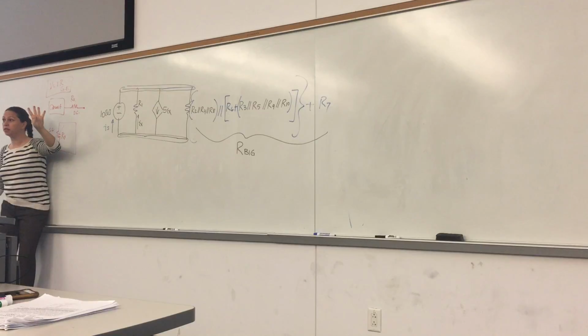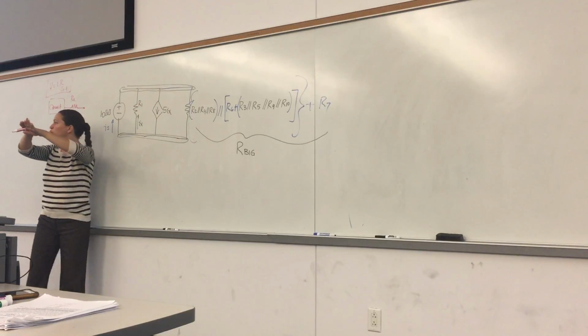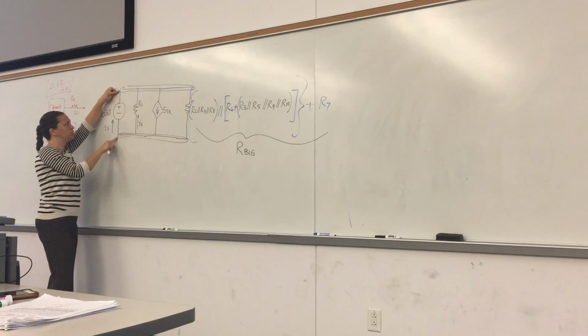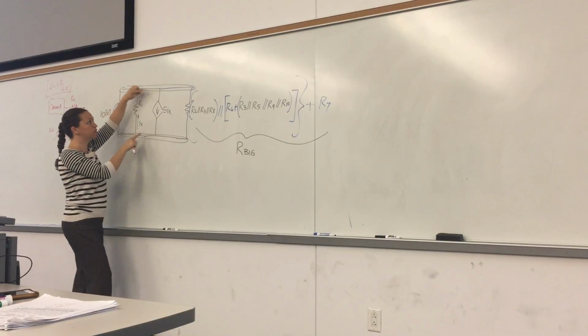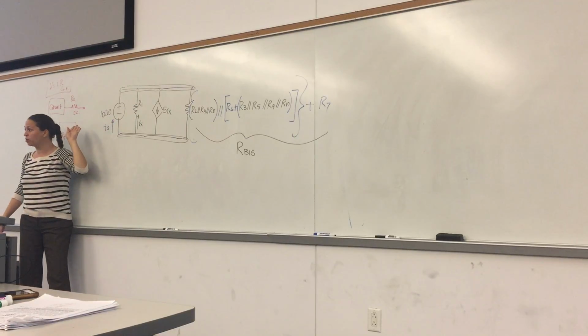There are 4 components, right? Do I know the voltage across each one of them? Yes, what is it? 10 volts, right? All 4 components are parallel to each other, which means they share the same exact voltage. So the voltage from this node to this node is 10 volts. It's 10 volts here, 10 volts here, 10 volts here. I know the voltages for each and every component here, so KVL doesn't really make sense.